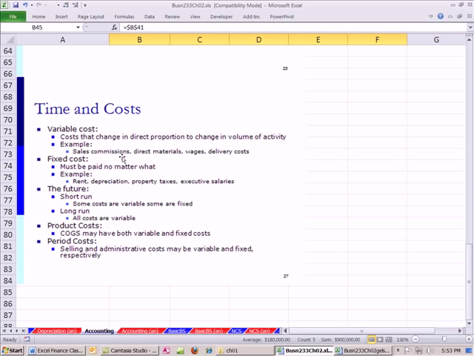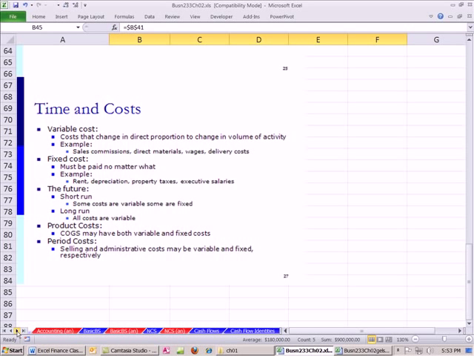But if you're taking the depreciation from equipment and dumping it into your cost of goods sold, or for that matter, other overhead costs, then you're mixing variable and fixed, and that may not be useful. Now, we never encounter it in this class, but this idea is important. Accounting information sometimes may not give us good financial analysis information. Period costs, things like selling and administrative costs, may be variable and fixed also.